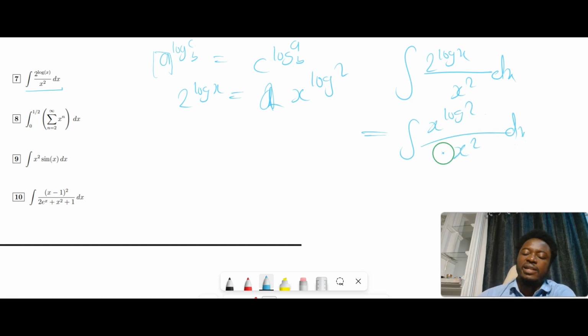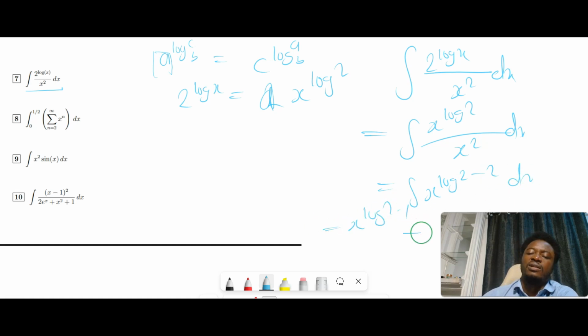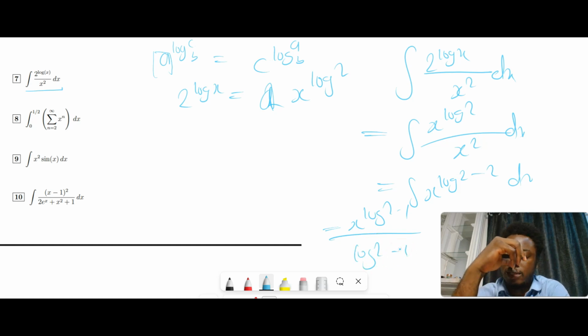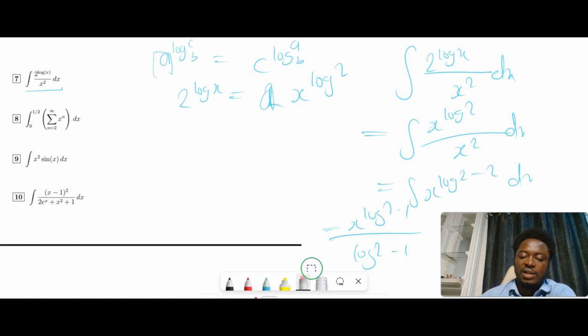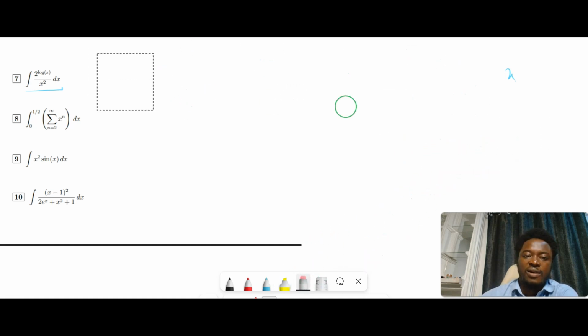So we have an x, and that should be the integral of x to the power of log 2 minus 2 dx. I think that should be equal to x to the power of log 2 minus 1 divided by log 2 minus 1. So nothing difficult here. So that is that. Okay, now let's look at this one here.